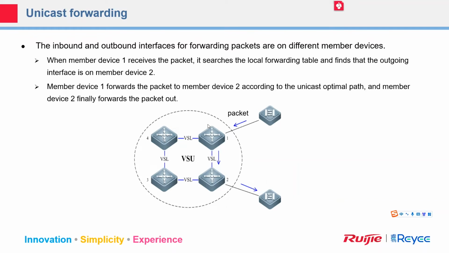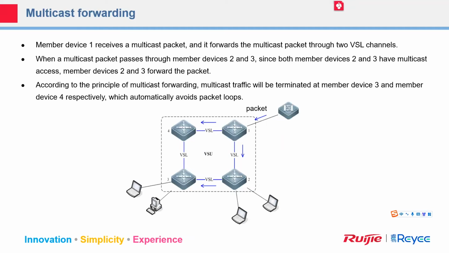So this is unicast forwarding. And multicast forwarding, like a normal switch: I receive the multicast packets, I will broadcast them to all the switches, and then the switches will directly forward the packets out. So we have these types of forwarding.